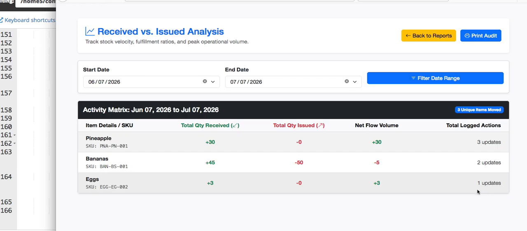So the manager will look and say, oh, wait a minute, this item has very low value, low labor cost, only touched once, and hasn't been issued out. It is a much smaller batch, plus 3, so it doesn't block massive warehouse space or drain capital like the pineapples do.